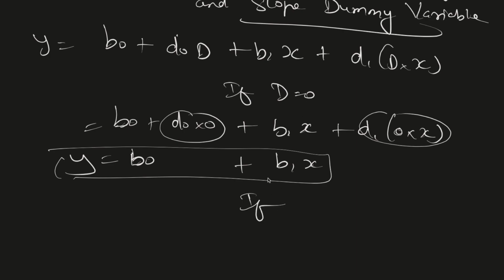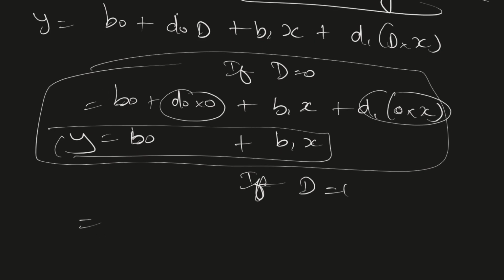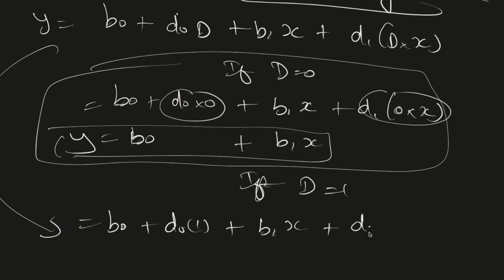Now if D is equal to 1, the qualitative event is present, using this equation: b0 plus d0 into 1 plus b1x plus d1 into 1 into x.